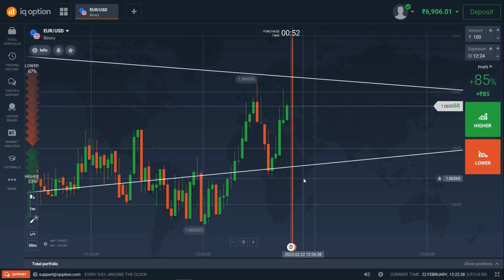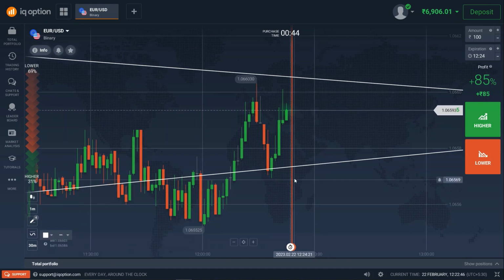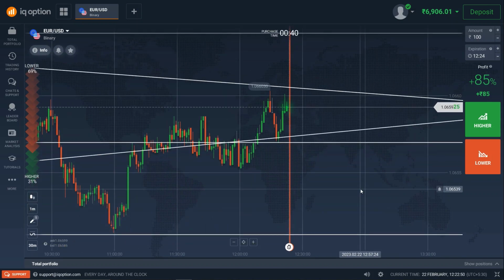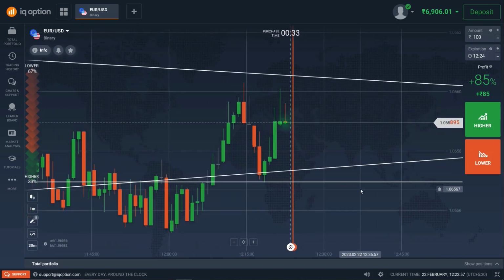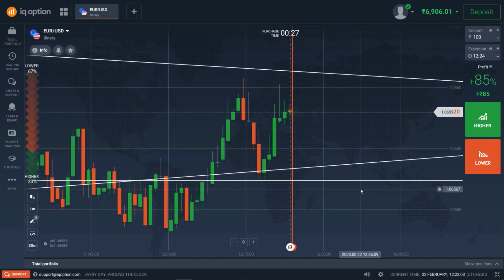If the market breaks this level, we can take a downward trade, because I can see a double top forming. So let's just wait. I'll skip forward to the part where I take the trade.